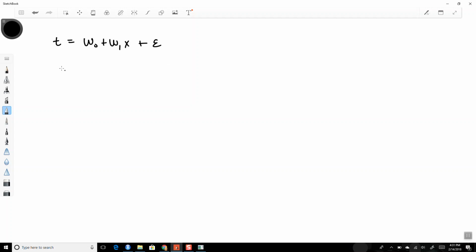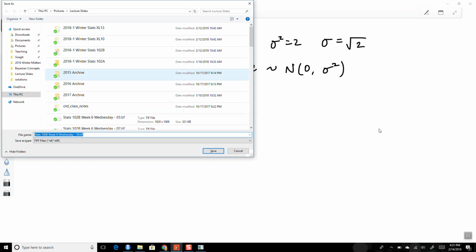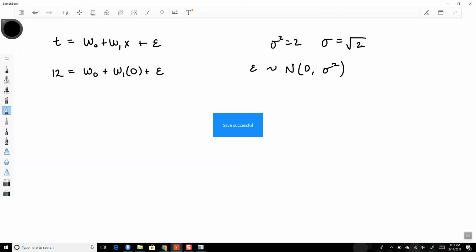So here 12 is equal to w0 plus w1 times 0, plus some error term. We're saying the error terms come from a normal distribution with mean 0 and variance sigma squared, and sigma squared is equal to 2, so sigma is equal to the square root of 2. This is a bit of an arbitrary value, but it's okay.